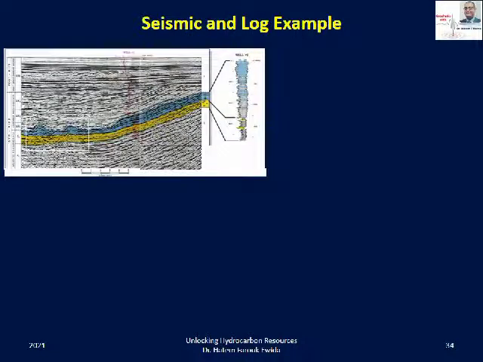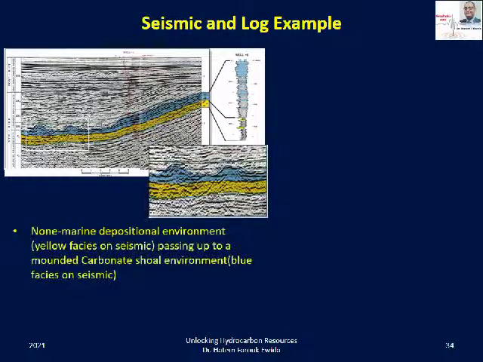For example, you see this is a log interpretation, and this is seismic data. The yellow one, if I zoom in here, is a non-marine deposition, and the blue one is a carbonate buildup. Remember, the carbonate buildup is one of the types of stratigraphic traps.